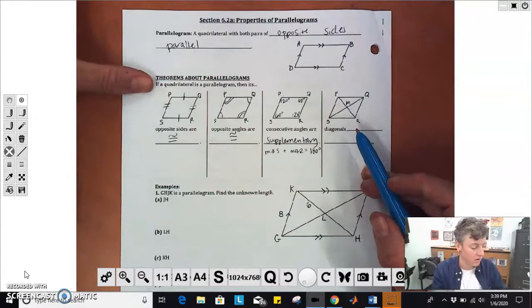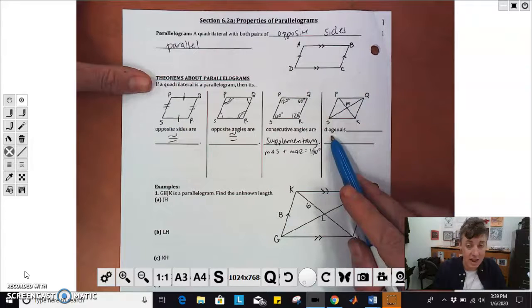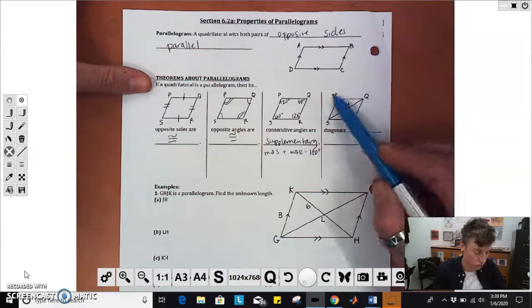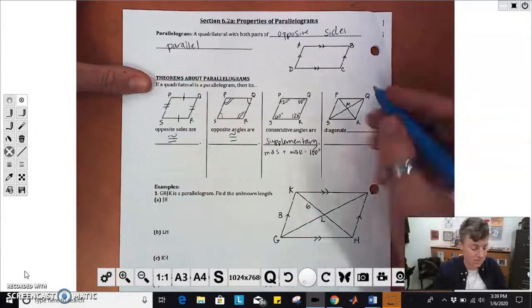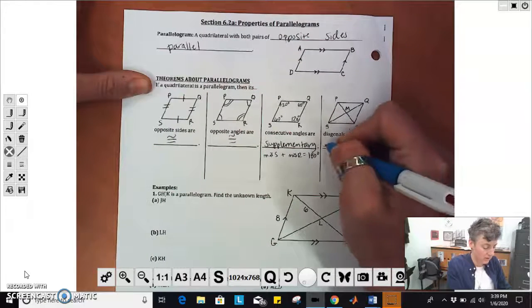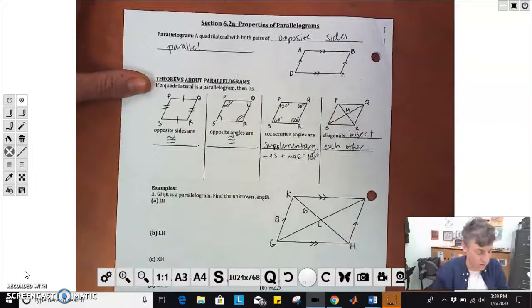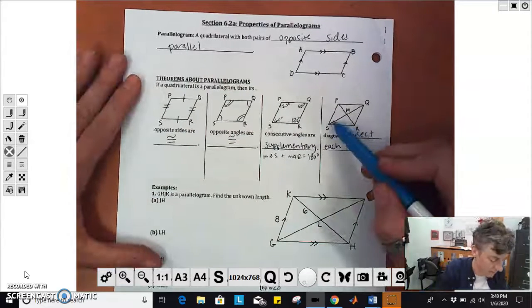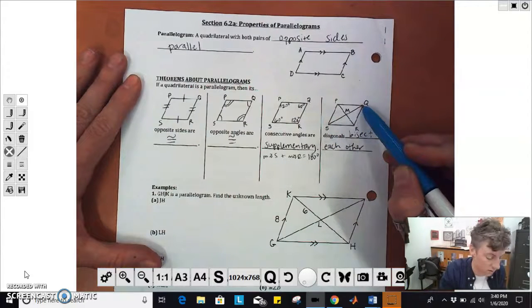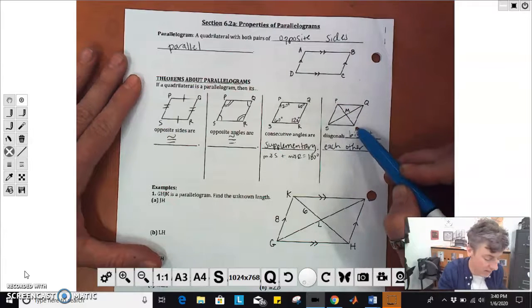And finally, we know that if a quadrilateral is a parallelogram, meaning its opposite sides are parallel, then the diagonals bisect each other. Okay, so what that means is this diagonal splits this diagonal perfectly in half.